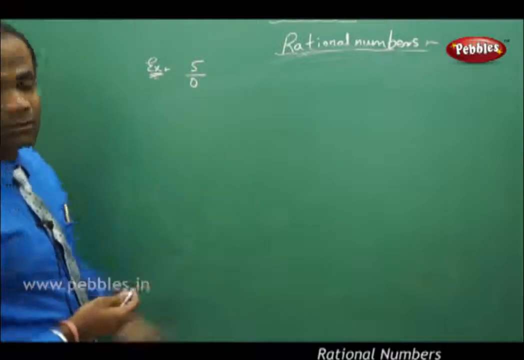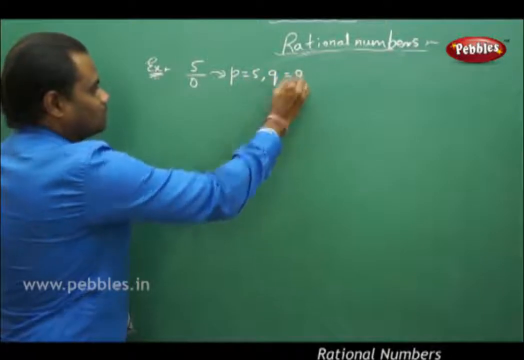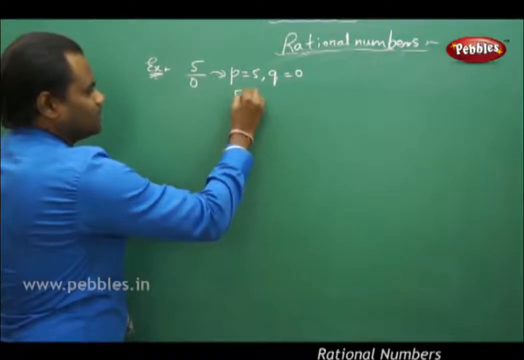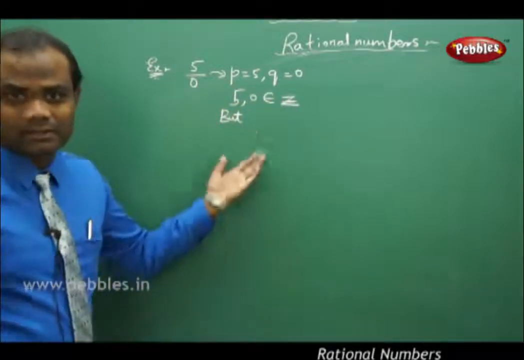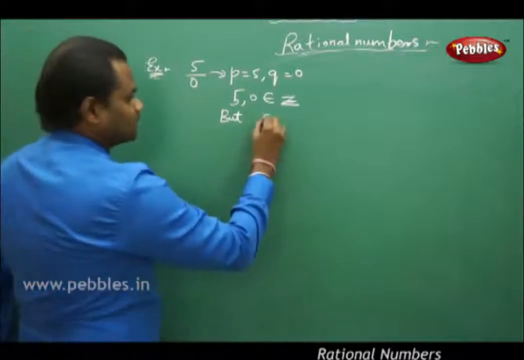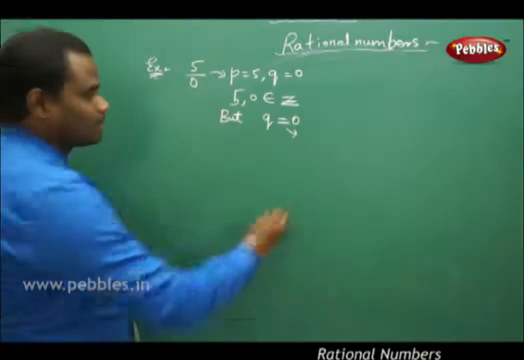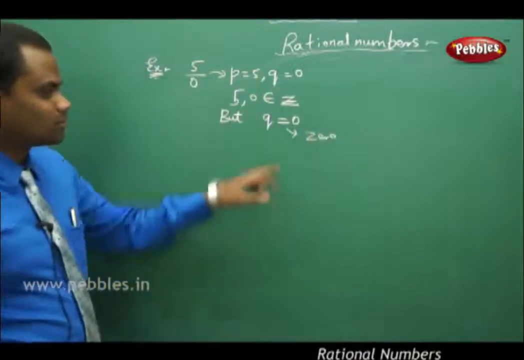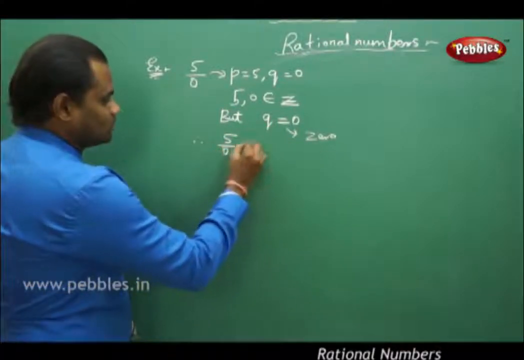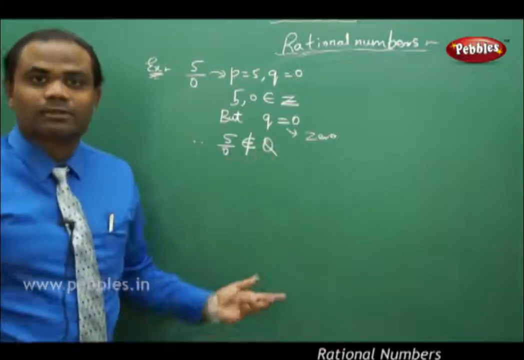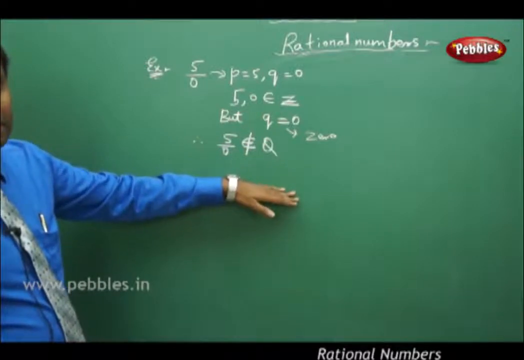When I take 5 by 0, I understand that p is 5 and q is 0, where 5 and 0 belong to Z, but it doesn't satisfy the second condition, because q is 0, but it should not be 0. Our condition for the second case says that q should be non-zero. Therefore, 5 by 0 cannot be a rational number. So this is one of the important examples in understanding the set of rational numbers.